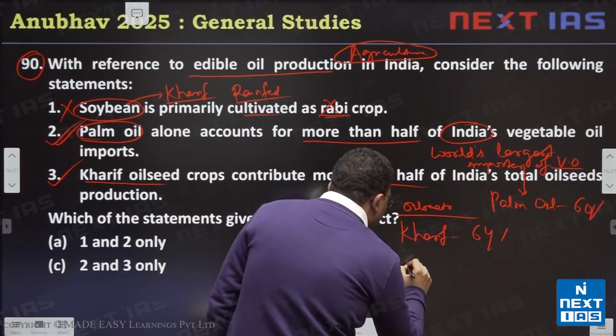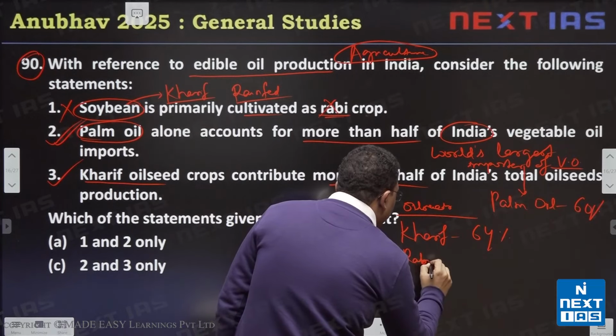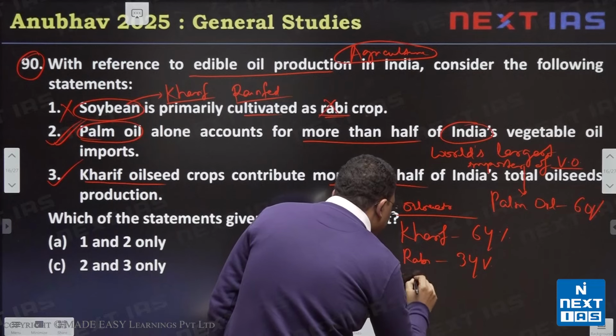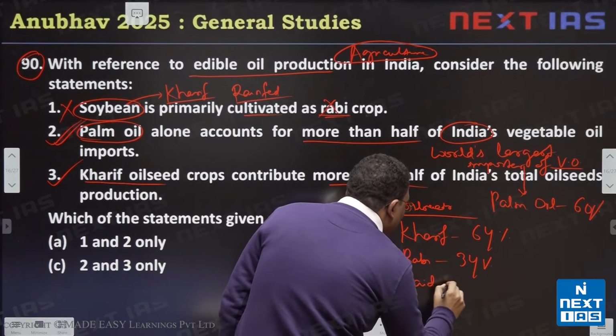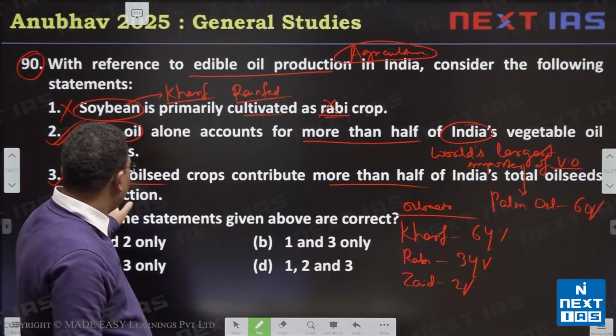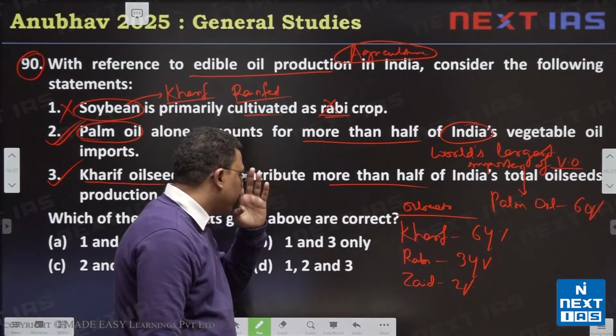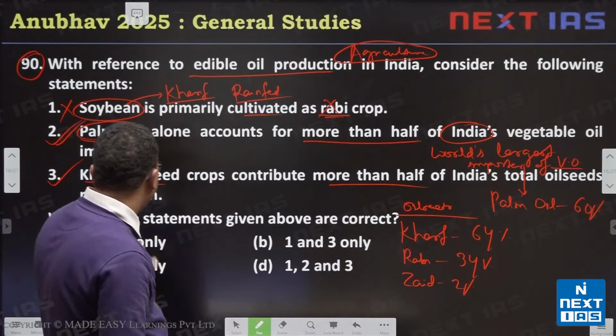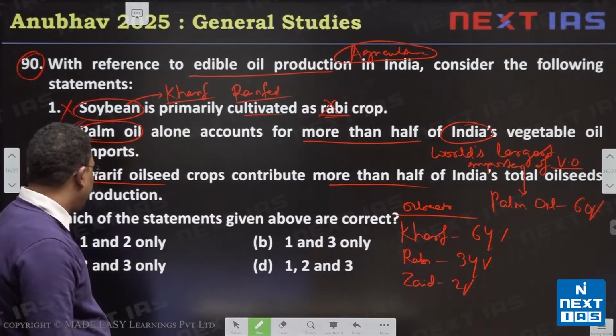Then rabi oilseed crops account for 34%, and then the rest 2 to 3% are zaid oilseed crops, right? So most of the oilseed crops are mainly cultivated in kharif season, right? So third statement is also correct.